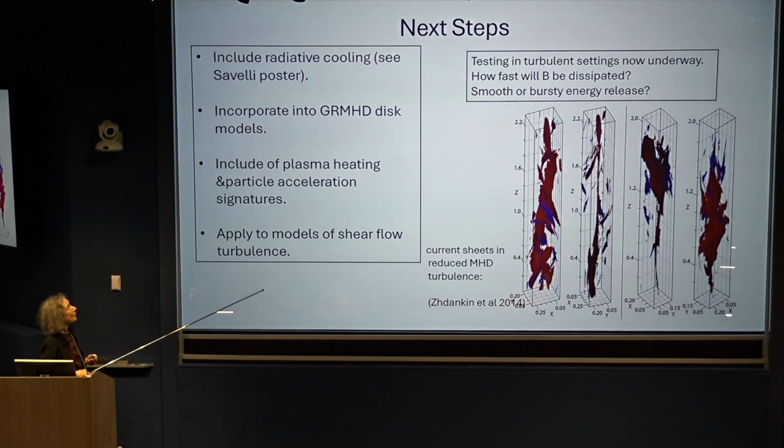Can we take this further? Can we include the signatures of plasma heating and particle acceleration into our subgrid model, come up with how these things would work in a disk, and apply them to models of shear flow turbulence, which is dear to my heart, as you'll see in the next few slides.